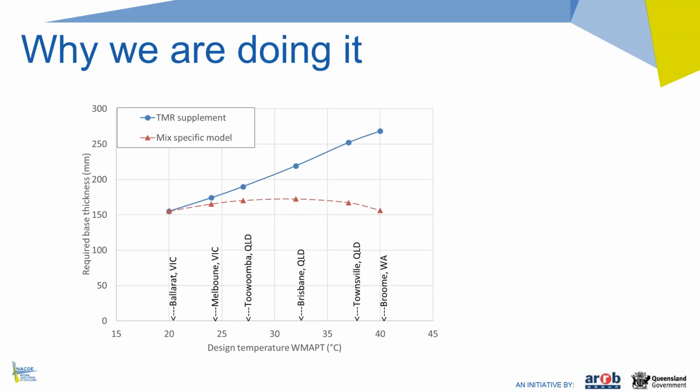And that is a long story to get to what the mix-specific model shows. When we start fitting these mix-specific fatigue equations, we can actually show that we don't see that effect, well, for this particular mix that is.